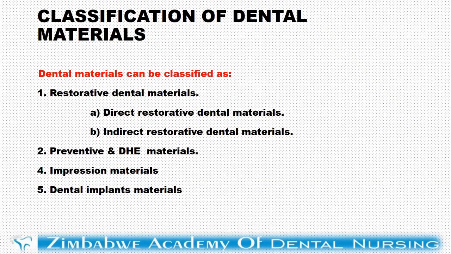Well, first, we can classify dental materials into restorative dental materials. That classification can be further subdivided into A, direct restorative dental materials. This means the materials which the dental therapist or dentist uses immediately after being mixed at the chair side by the dental surgery assistant.